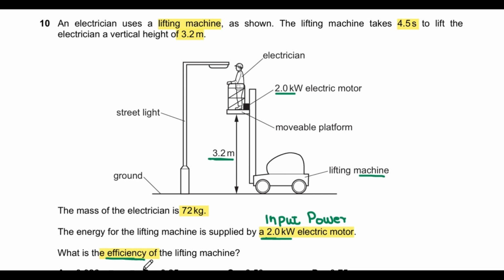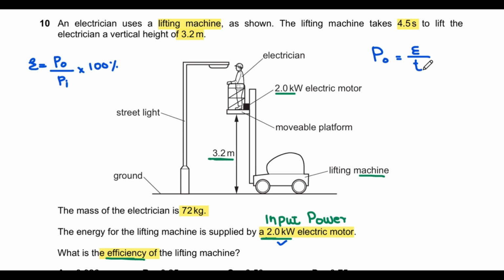We have to get the efficiency. The formula for efficiency or percentage efficiency is power output over power input times 100%. But if we need efficiency only, we don't have to multiply it by 100%. We know the power input, but we have to get the power output. For power output, we can use the formula that power is energy supplied in unit time.